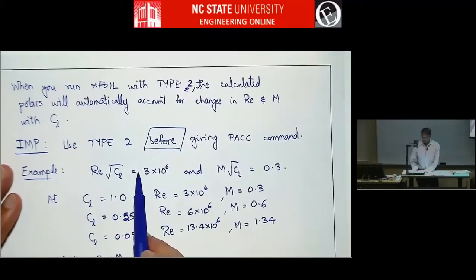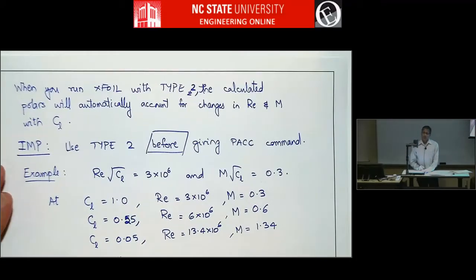The other good thing is if you do a type 2 analysis, in the polar plot itself, on top it will say RE times square root of CL is 3 million. So that's why I keep insisting that I want to see polar plots from pplot rather than from you taking all the data and putting it in MATLAB and plotting it.